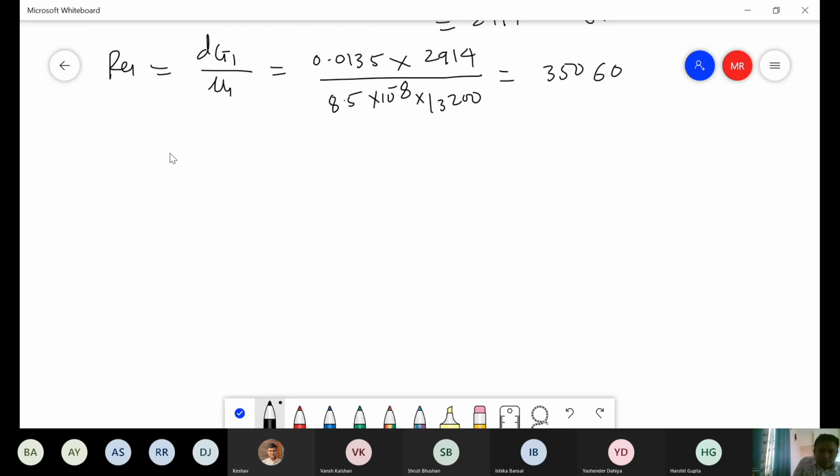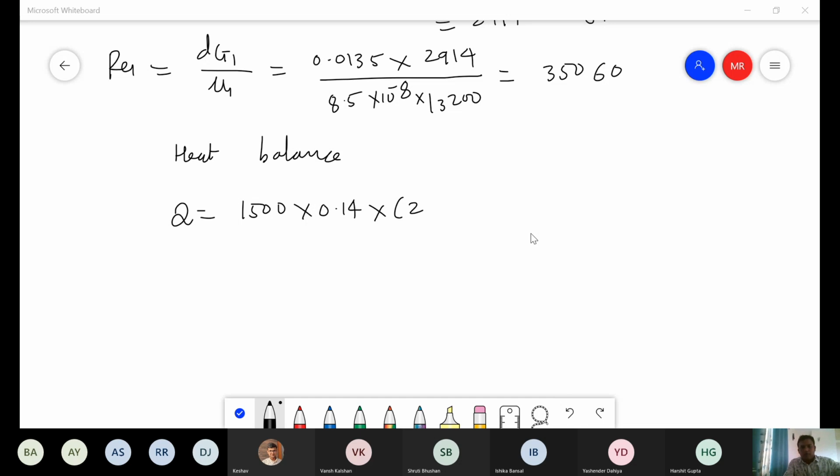So heat balance. In this case, we can directly write down the heat balance Q. The mercury mass flow rate is given, into Cp, which is 0.14, into the temperature change, 250 to 40 degrees Celsius.